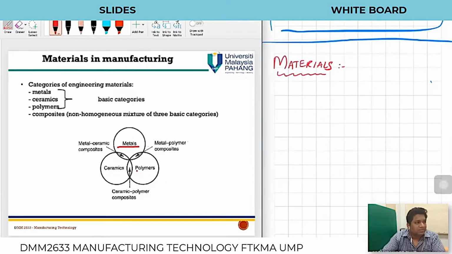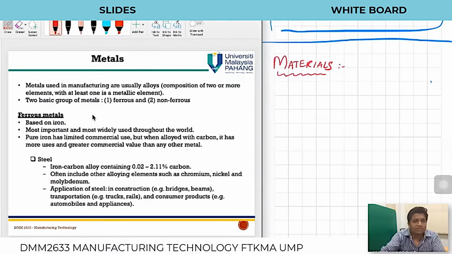But when we combine them, they become composites. If I combine metal with ceramic, I get a product which is a composite. Composites are materials which have more than one type of material within them. So the categories of engineering materials are metals, ceramics, and polymers. Let's have a look at the properties of these materials.